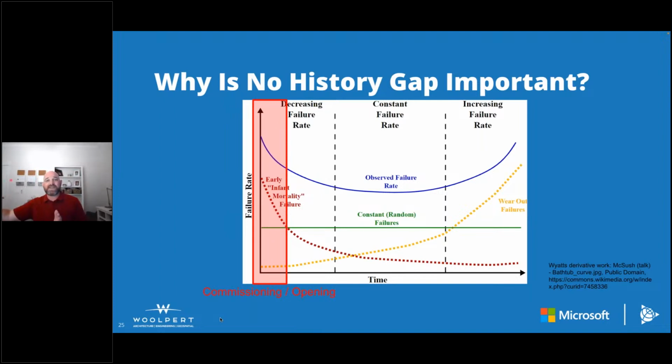And that puts them at a disadvantage to make better decisions at that time that are going to improve the reliability and sustainability of the facility or system, but also later on when we're trying to figure out, maybe years down the road, what's happening with this asset. We've got this chunk of history missing at the very beginning for both that asset as well as all its brothers and cousins. It's data that we're missing and can't bring into the equation. So it's critical that we have the ability to capture this on day one.